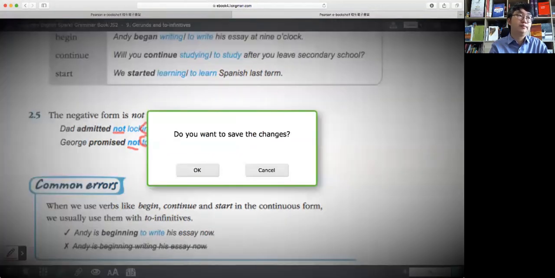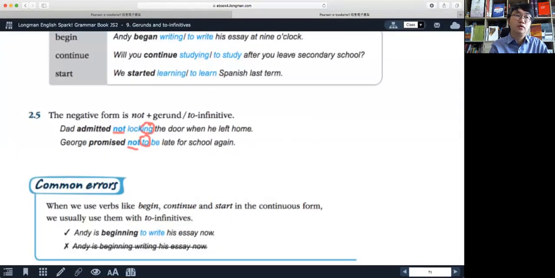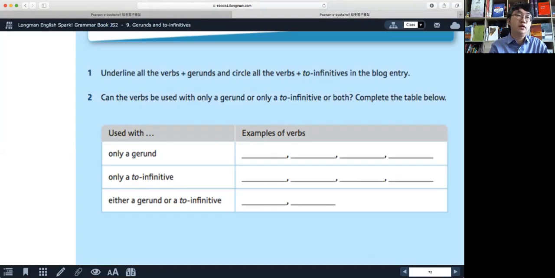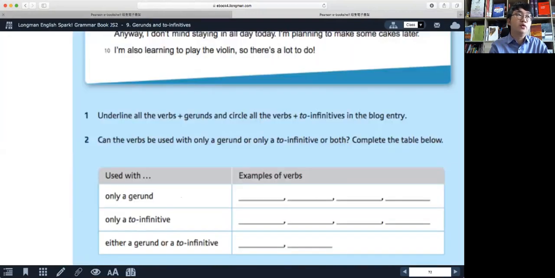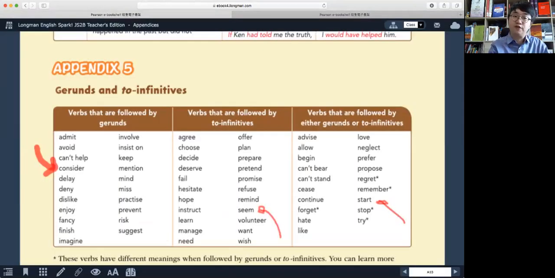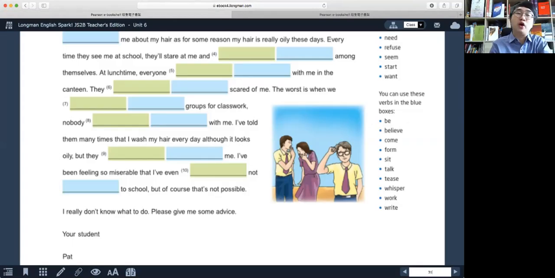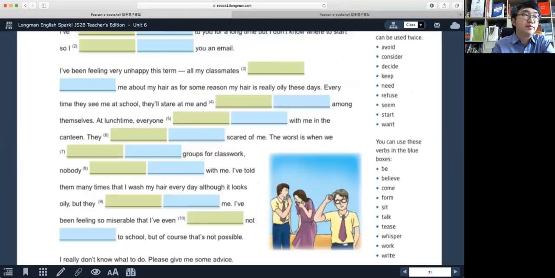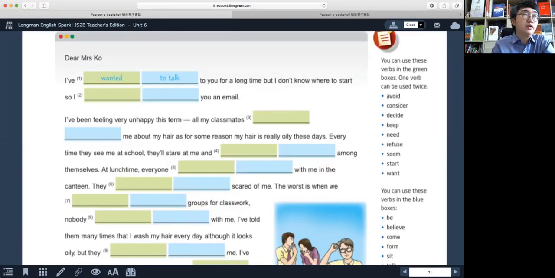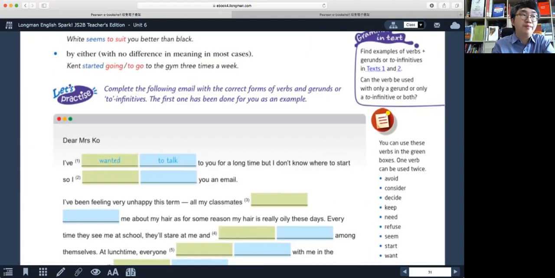All right. So if you still don't understand, please go back to the very beginning of this video. All right. So now we are going to have a look at this exercise. On page 31, you have to complete the following email with the correct form of verbs, gerunds or to infinitives.